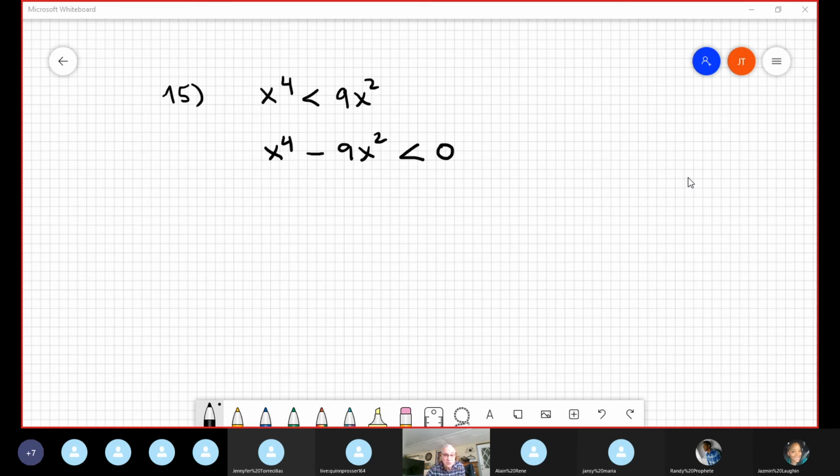Now factorization. The greatest common factor in this expression is x squared. Factor out x squared. We have x squared minus 9. Now a difference of squares.